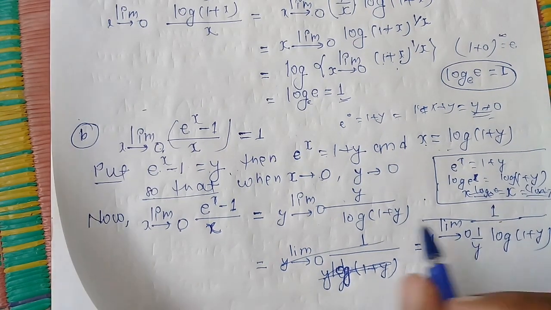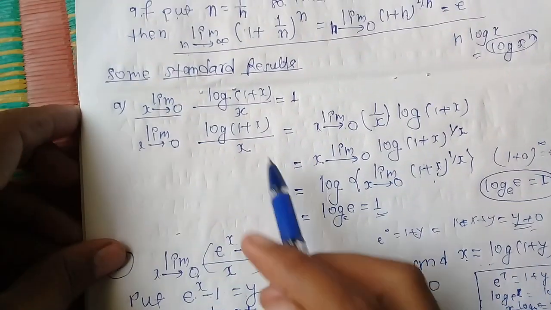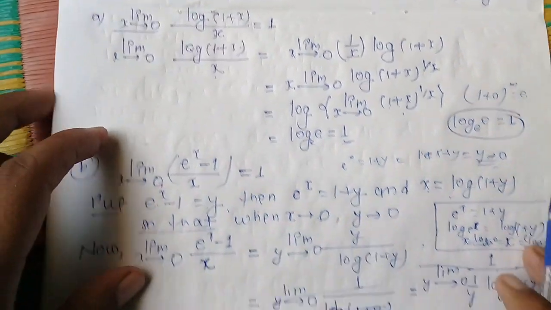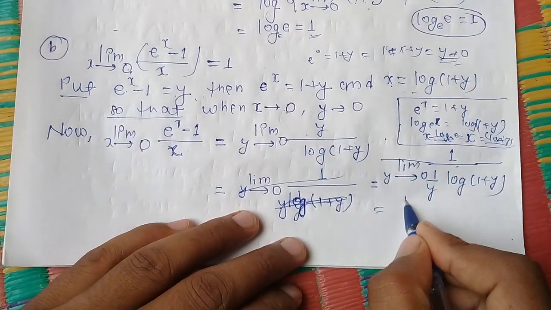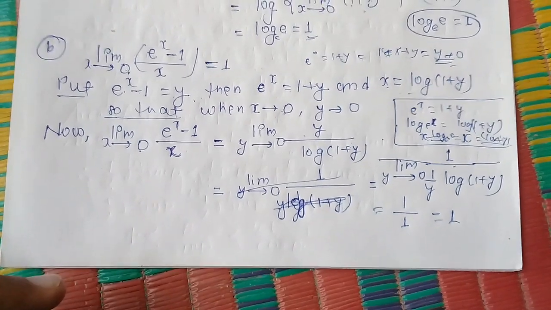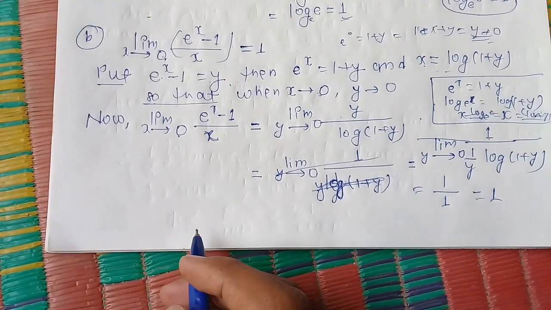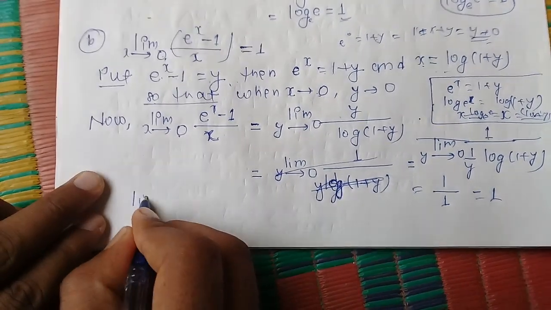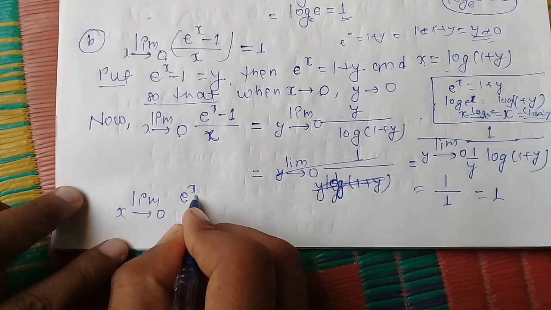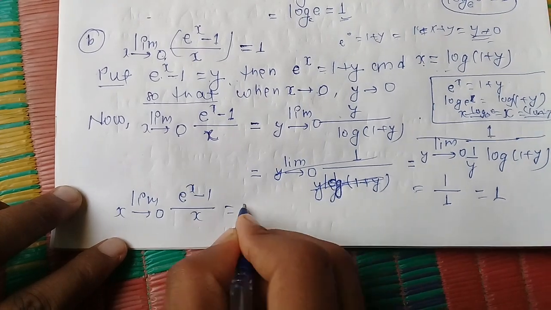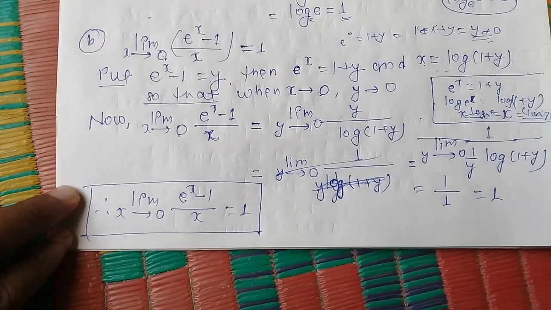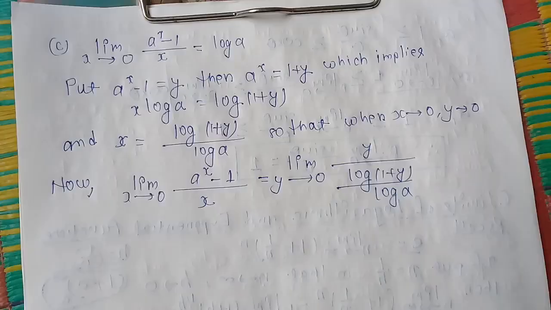This is of the same form as log 1 plus x divided by x, which directly gives 1. Therefore limit x tends to 0, e to the power x minus 1 divided by x is equal to 1. This is also a type of formula.